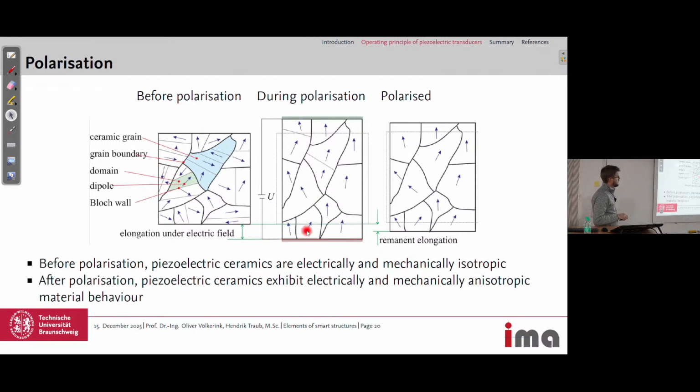If we then remove the field again, it will deform a bit back, and we have a remanent elongation, which is still a bit elongated compared to the state before. Before polarization, the piezoelectric ceramics are electrically and mechanically isotropic, and after that, we have an anisotropic material behavior.